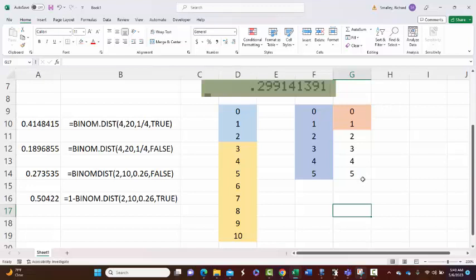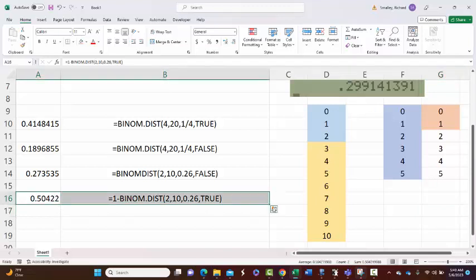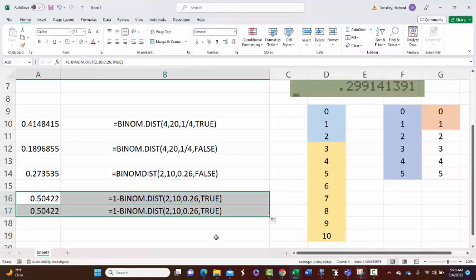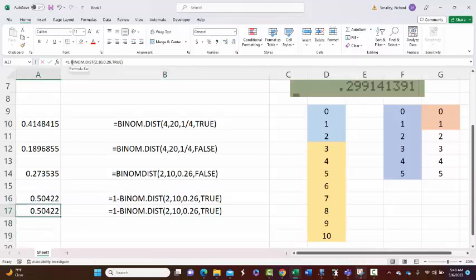So if you did a cumulative at 5 minus a cumulative at 1, it would leave you, all right. I want to just show you this.